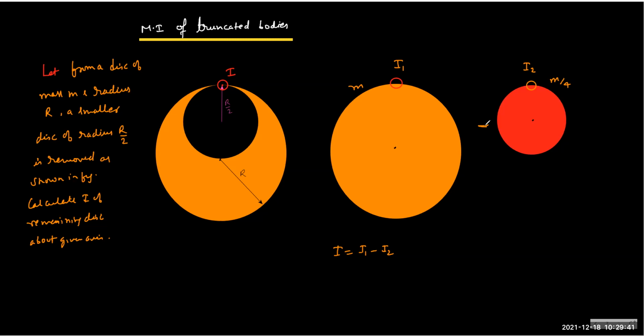Now you have to find I1 and I2 separately, because you know the mass and you know the radius. The formula will have a similar pattern for both disks. Only R will be replaced by R by 2, and M will be replaced by M by 4. So just substitute the values and you get the answer.